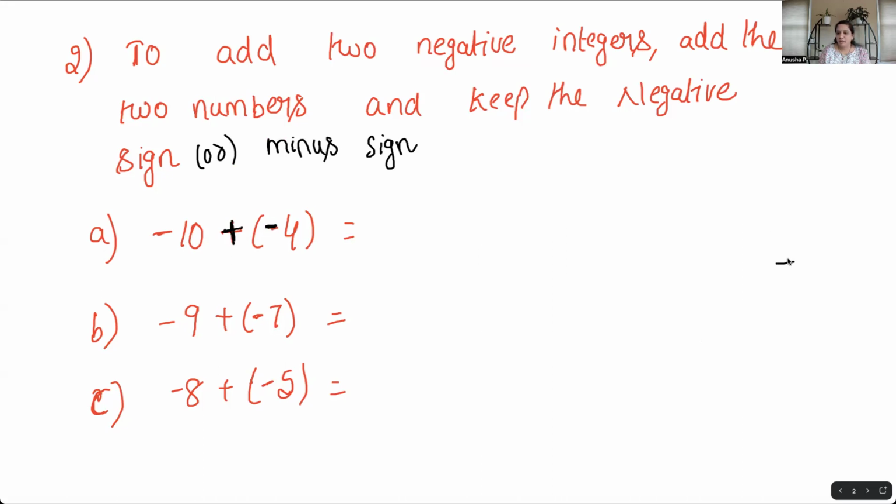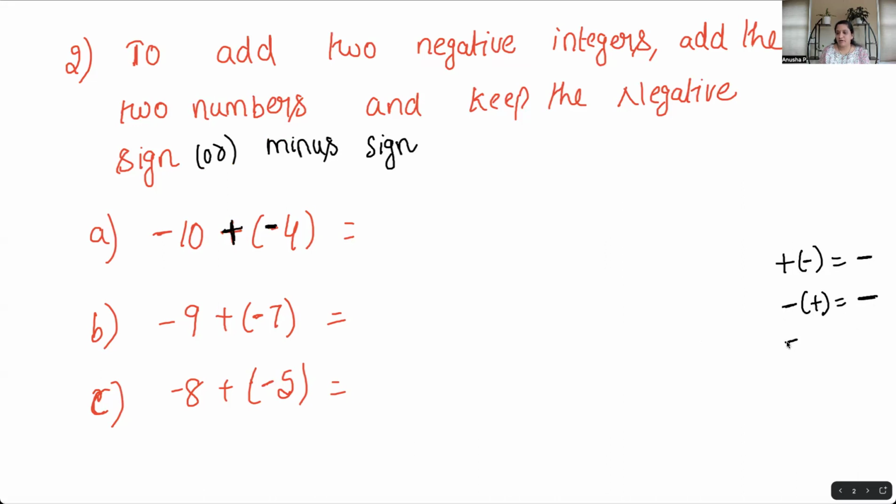When you have a plus and minus sign next to each other, that may combine to become a minus sign. When you have minus and plus next to each other, combine it to make it a negative sign. So when you have a plus and minus sign next to each other, make it minus. Minus and plus next to each other, that is also minus.